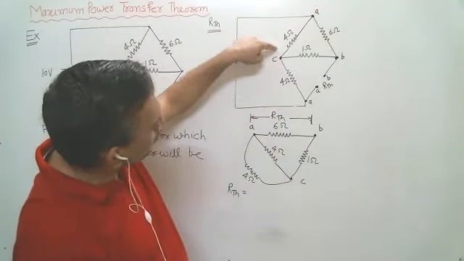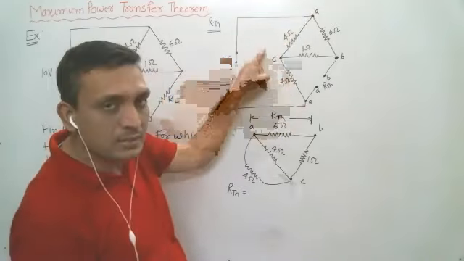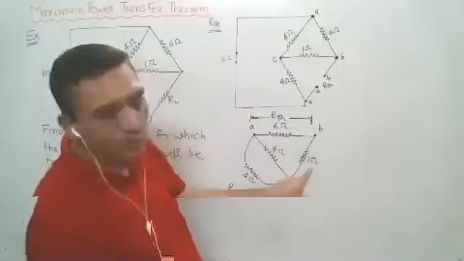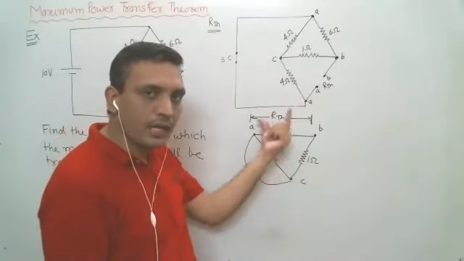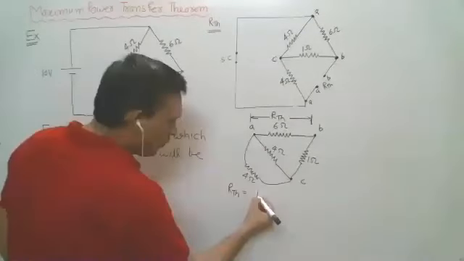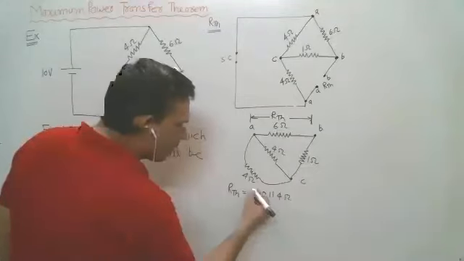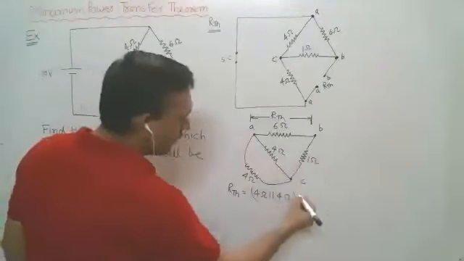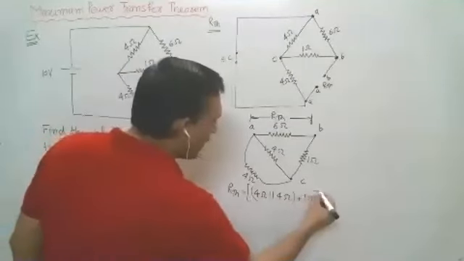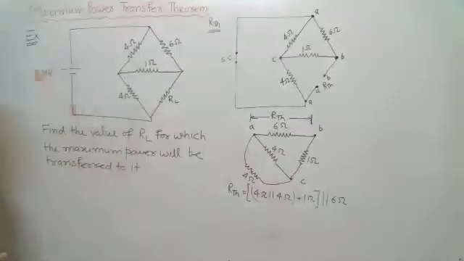Across AC, you have 2 resistances, so I have connected A and C with this 4 ohm as well as 4 ohm, and across CB you have 1 ohm. Now you can easily find the equivalent. You can see 4 ohm parallel to 4 ohm, plus 1 ohm, and again you have to take the parallel combination with 6 ohm. Calculate this value. That will give you RTH.